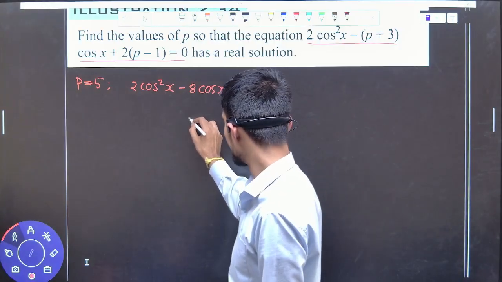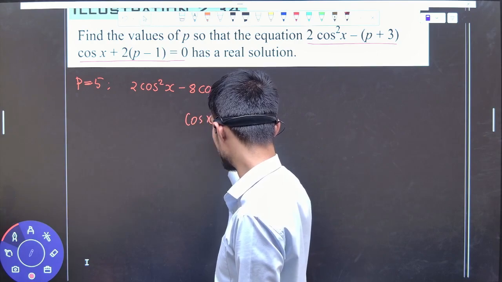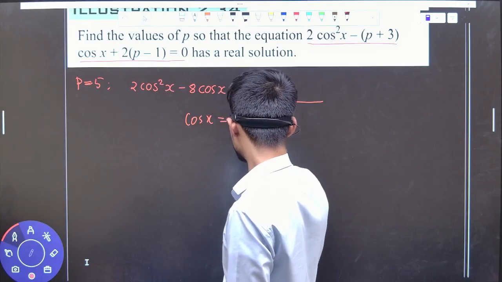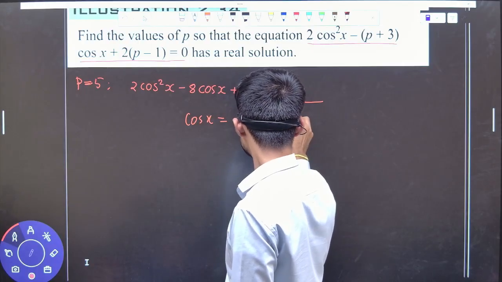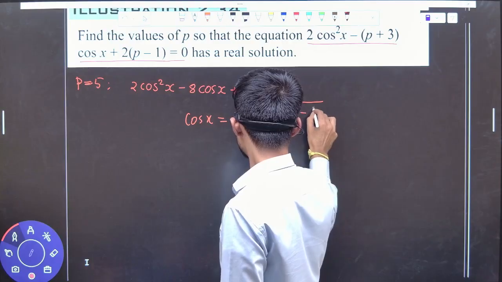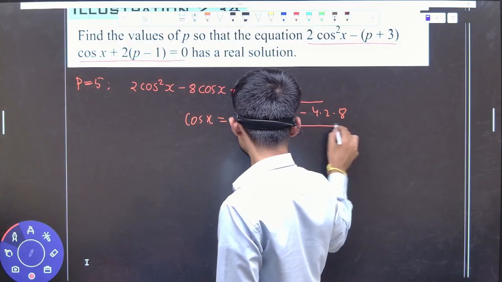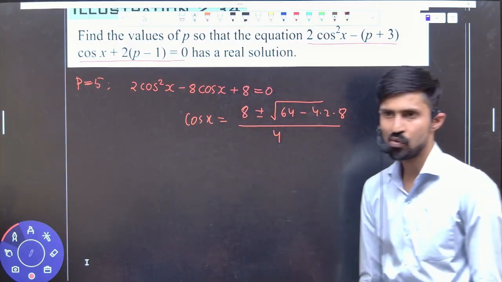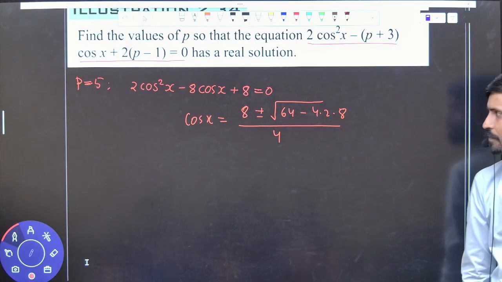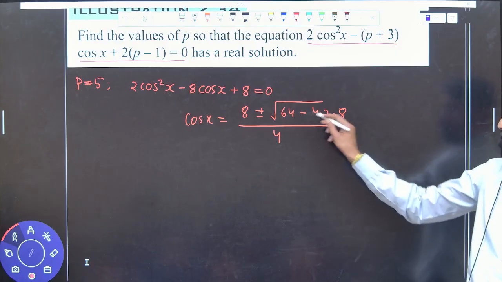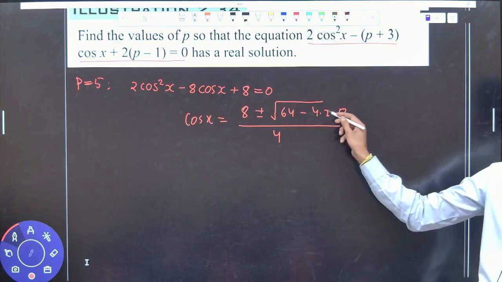So I will write the solution: cos x is equal to minus b plus minus root of b square, that is 64, minus 4 into 2 into 8, by 2a, which is 4. Yes or no? Now you can see, 4 into 2 is 8, 8 into 8 is 64.